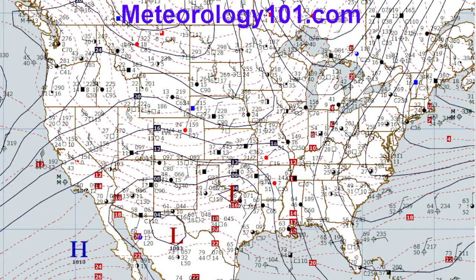So if they're starting wrong, they're going to probably end wrong. These real data surface charts and upper air charts are very important to weather forecasting. I just see a lot of people ignoring them. So not really meteorologists, just enthusiasts more than anything. Which is fine. Everybody does it their own way.